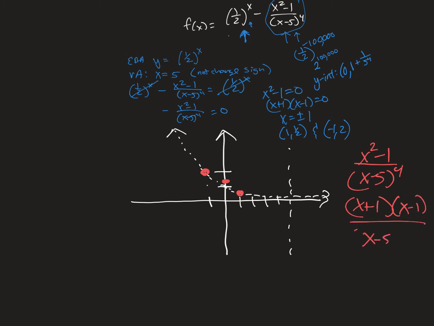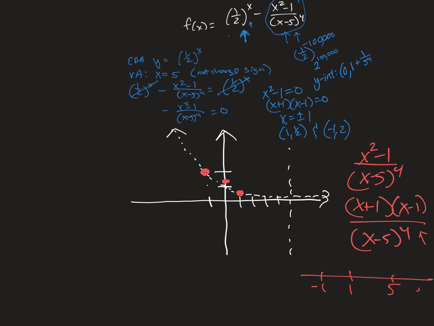So if I put these numbers on a number line, negative 1, 1, and 5. Okay, let's do this again. So negative 1, 1, and 5. If I put in a number to the right of 5, just into this piece here, it would be positive.